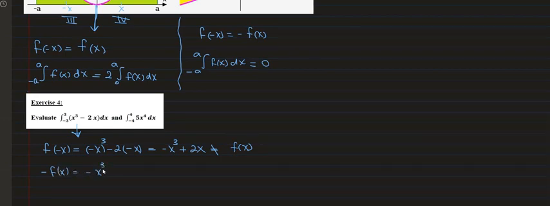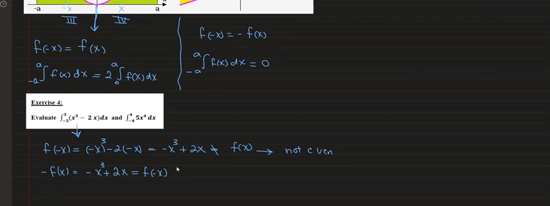Okay, we have to double check the negative f of x then. The negative f of x, so we put the f of x with opposite sign. Now, is this equal to f of negative x? Yes, that's equal to f of negative x. So here we can conclude that it's not an even function, and it's an odd function.